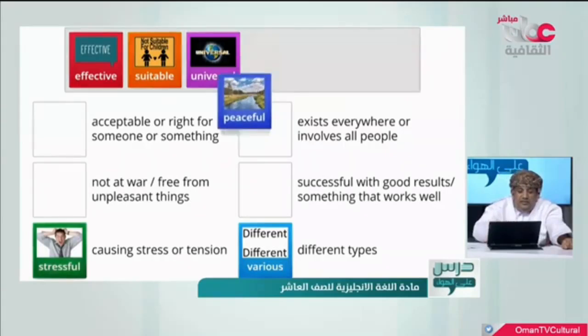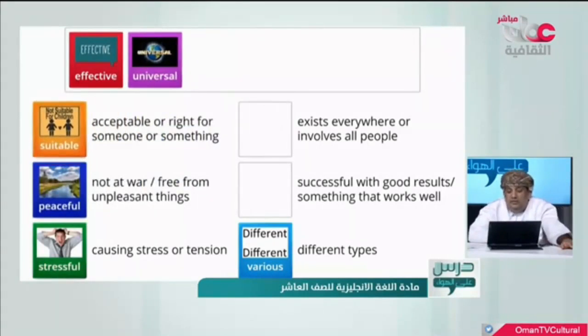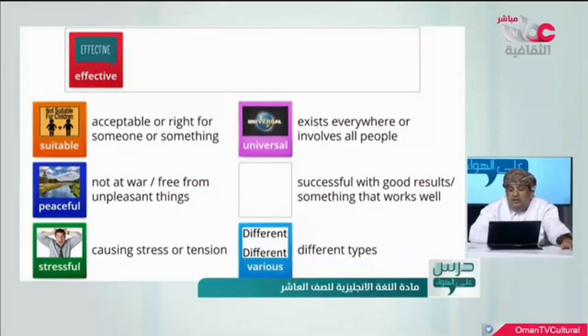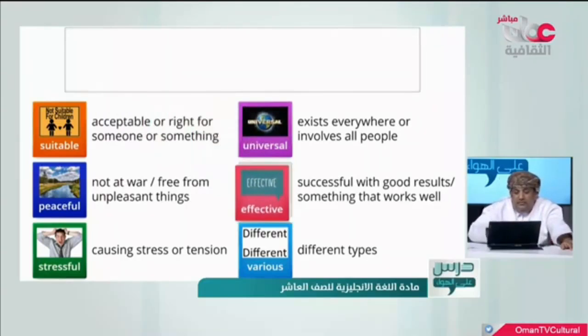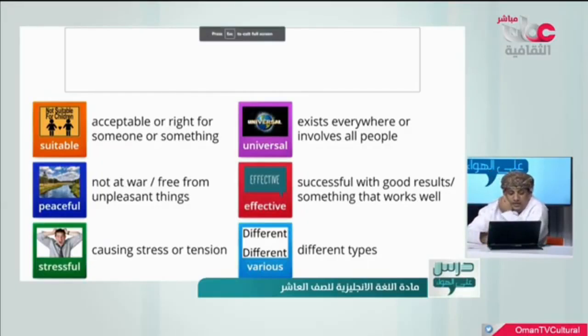The word peaceful, you know. Suitable, you know. Universal means exists everywhere or involves all people. And the word effective means successful with good results, something that works well. So let's check our work if it's correct or not.